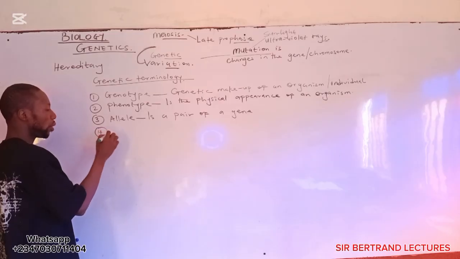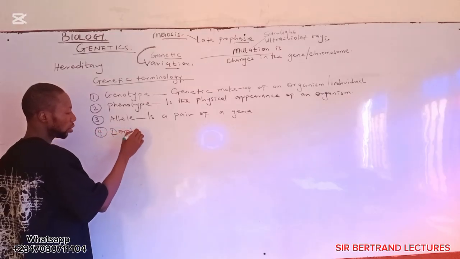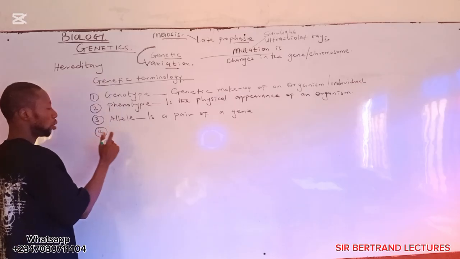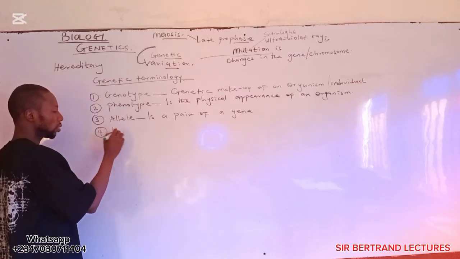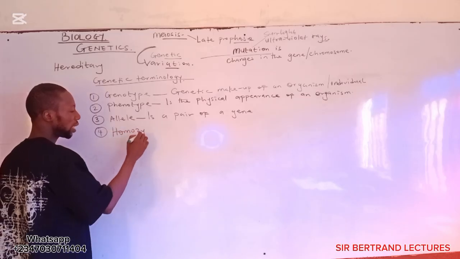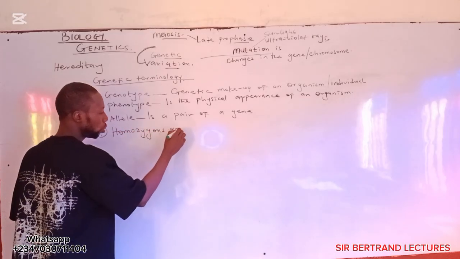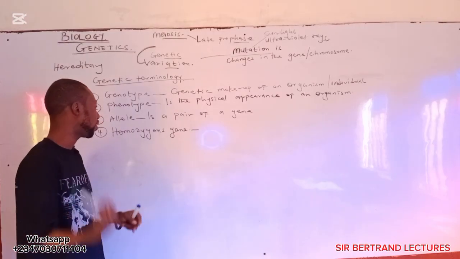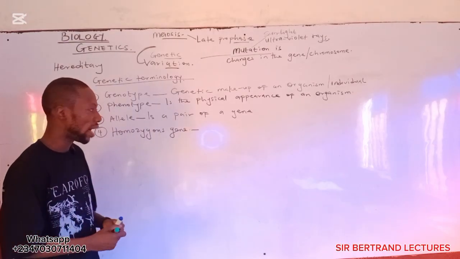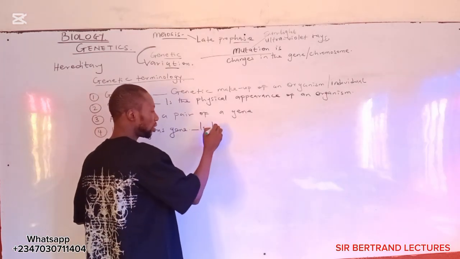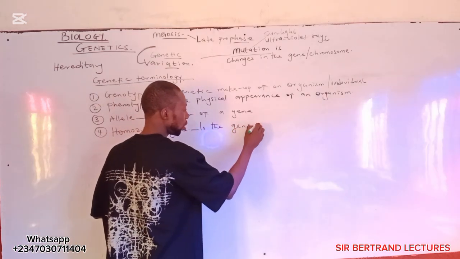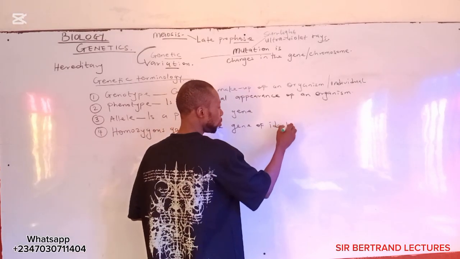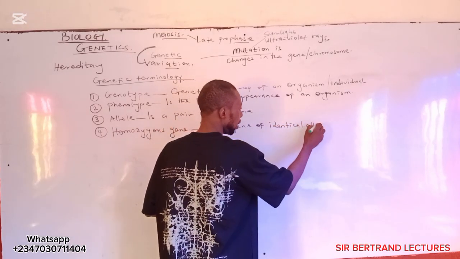Number four, we're going to look at homozygous. A homozygous gene is a gene with identical alleles.